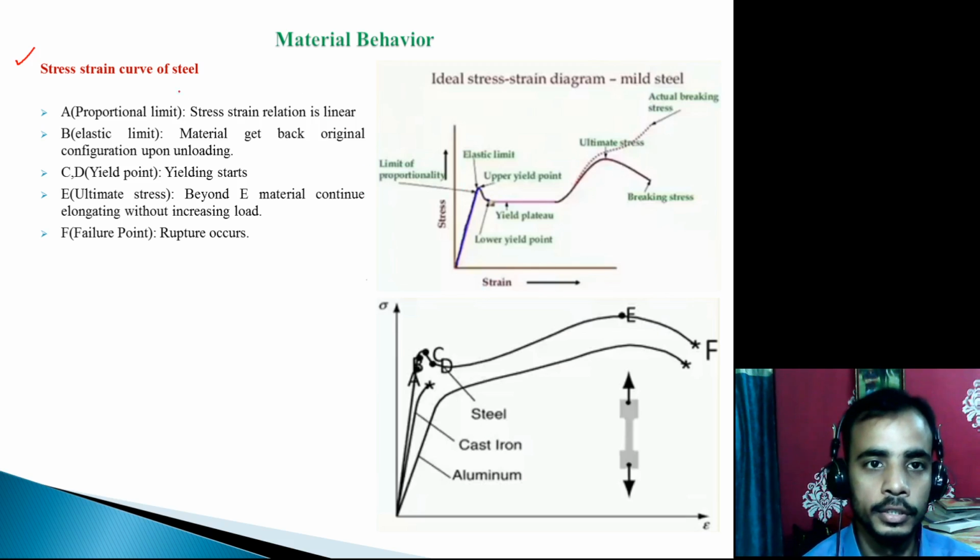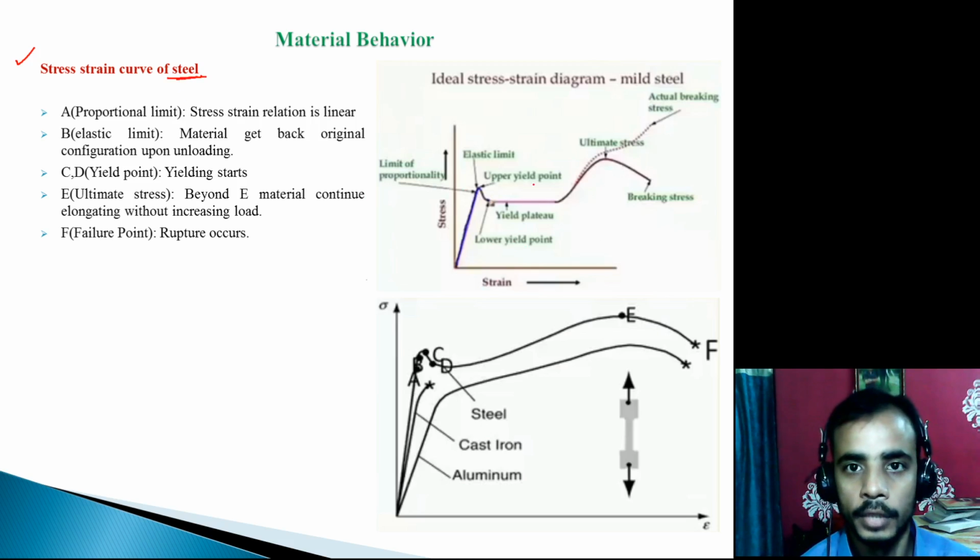steel. If you consider steel, the ideal stress strain diagram for mild steel will look like this. So this is your stress along the y-axis, and along the x-axis it is strain. This is the typical stress strain diagram for a mild steel. Now in this diagram, this point is called the limit of proportionality, then elastic limit, upper yield point, lower yield point.